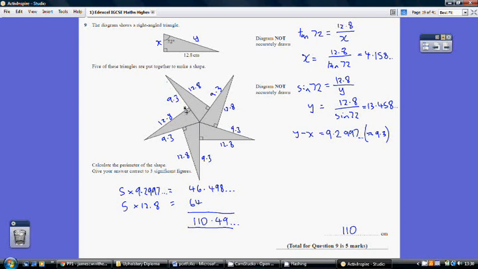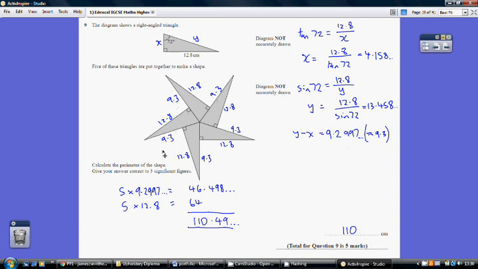The length there is the hypotenuse all the way down, but less the length of the shorter side. So that's y minus x, which gives me 9.2997 dot dot dot. Each of these lengths here is 9.2997.